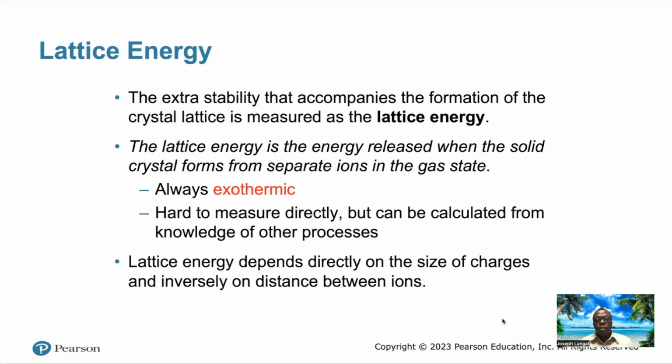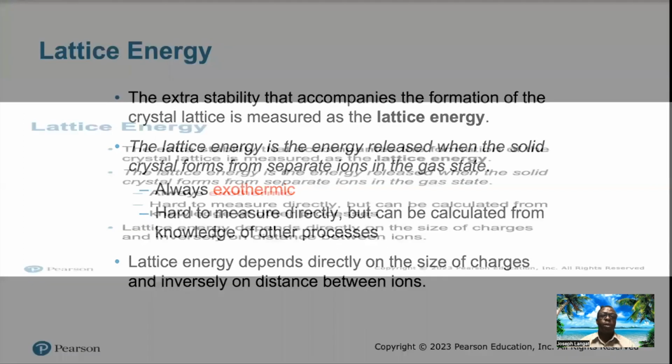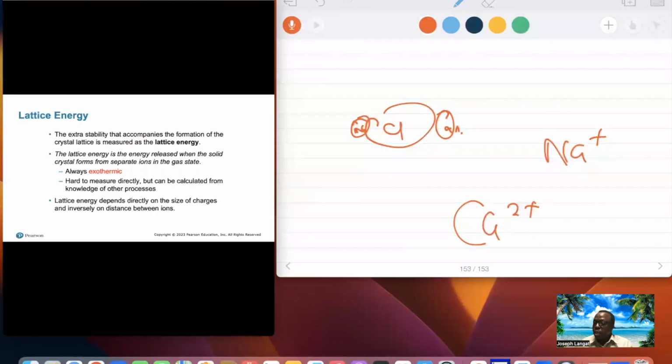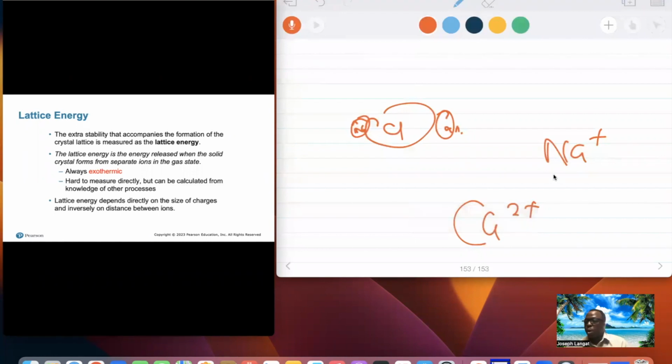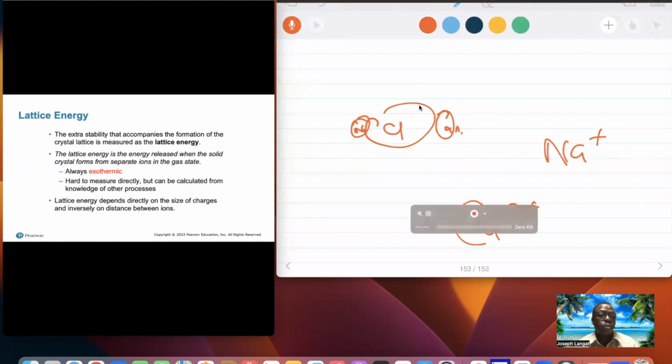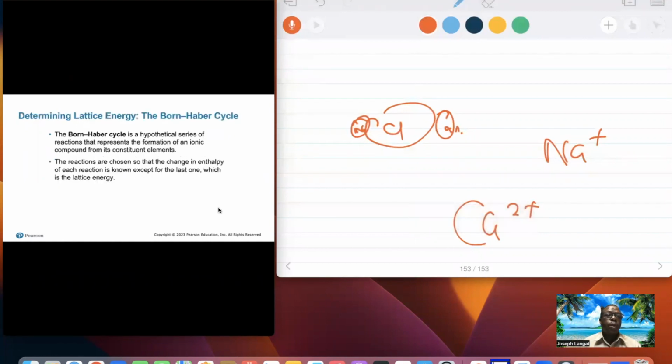I want to emphasize here the size of the charge. Na, for example, compared to Ca2+: the cation with the larger positive charge has the greater lattice energy, whereas sodium has the least based on its charge.